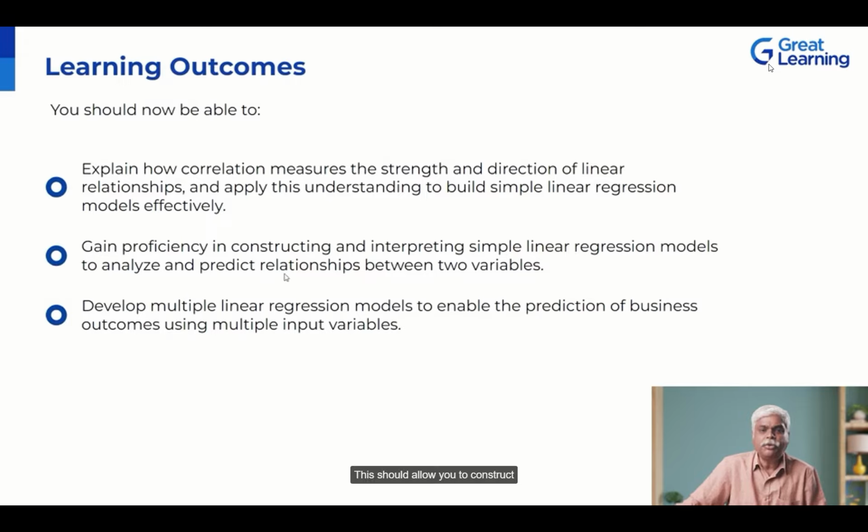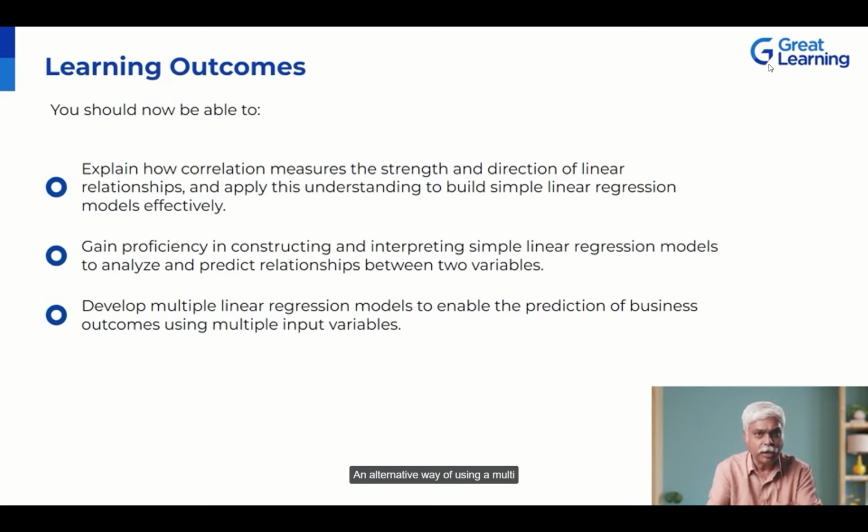This should allow you to construct and interpret simple linear regression models, and extend that interpretation to multiple linear regression models. In a multiple linear regression model, each variable gets a coefficient, which can be interpreted as the change in the output that is caused by the change in that input, provided everything else is the same.